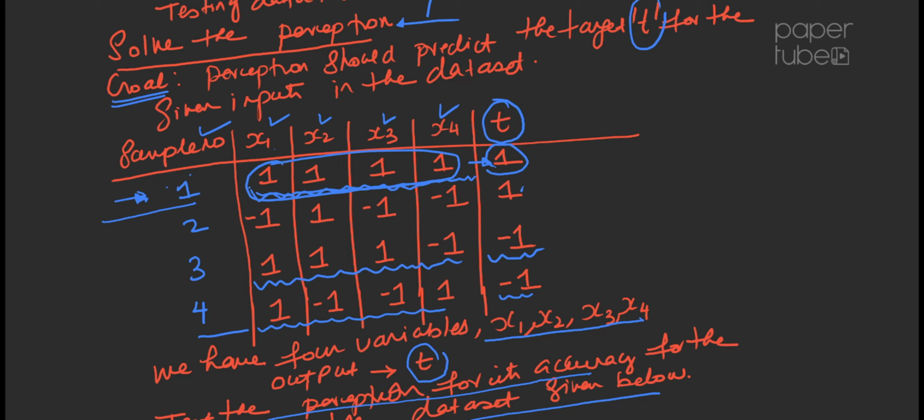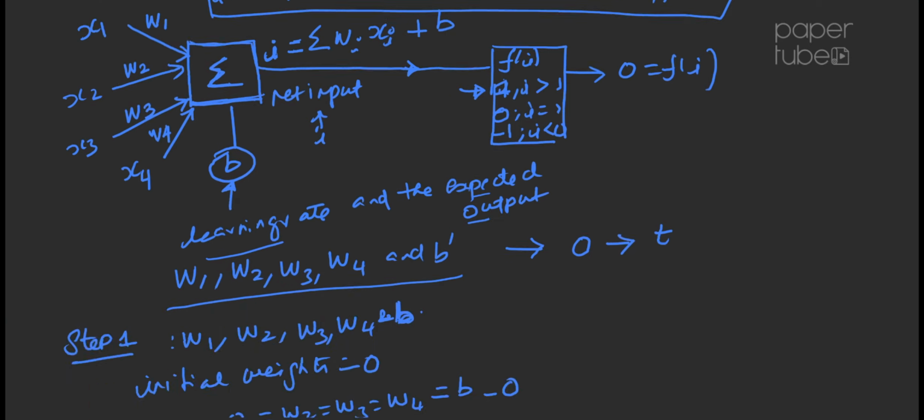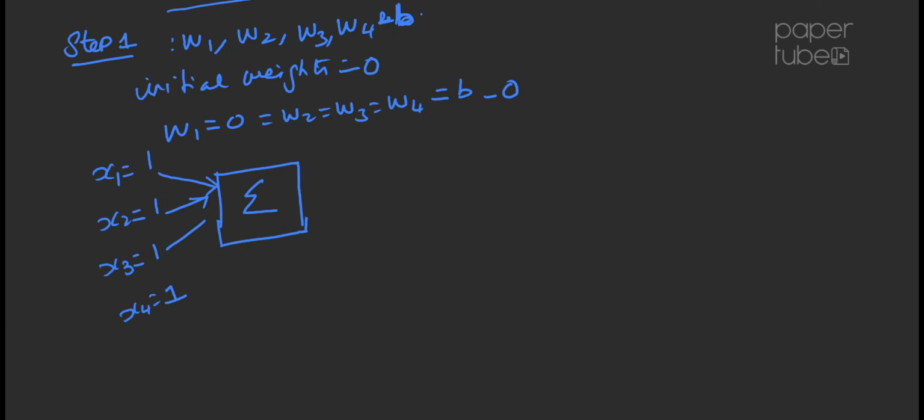So let's begin with the first input, I mean the first data, the first sample, and we know the corresponding input for sample number 1. So let's put w1 equal to 0, w2 equal to 0, w3 equal to 0, and w4 equal to 0.